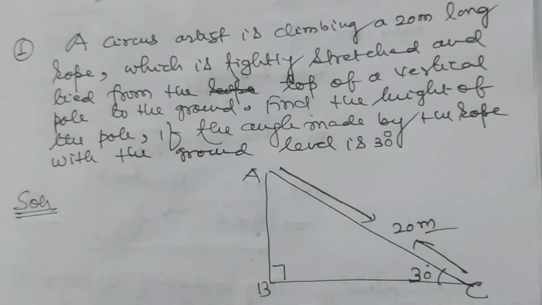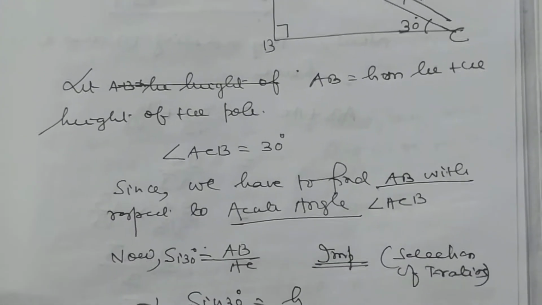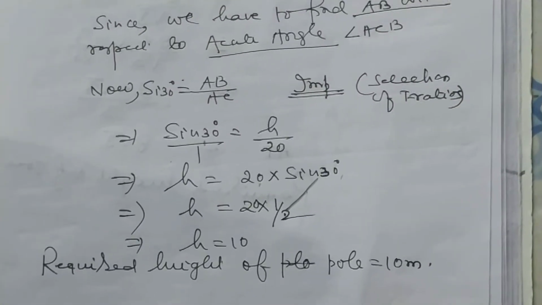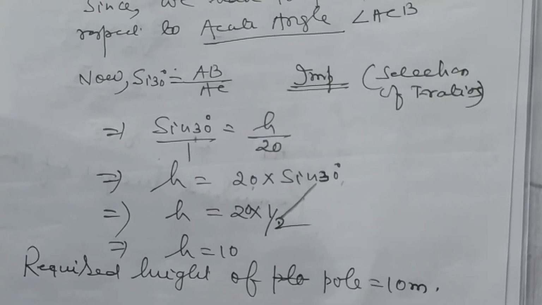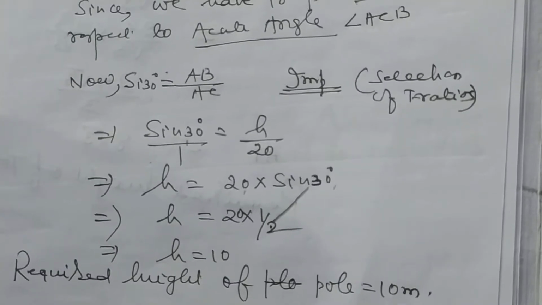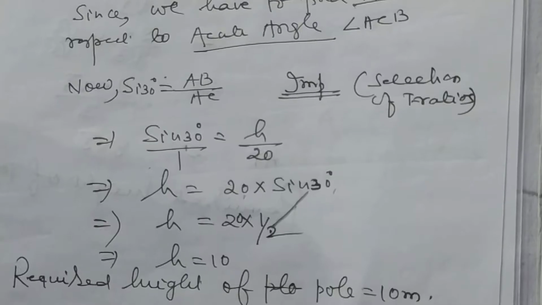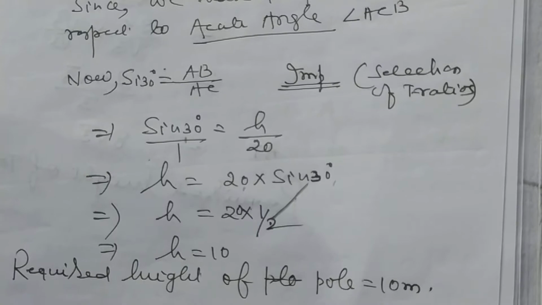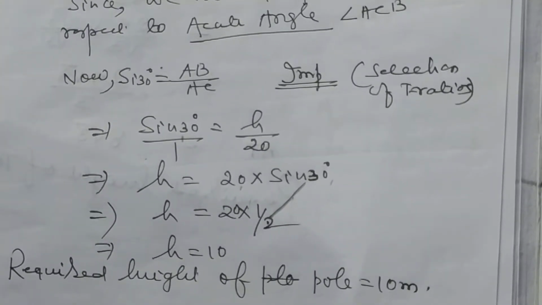So you must first draw a neat, clean, labeled diagram, and keep in your mind that the part which we have to determine must be taken in the numerator, and the part which is given must be taken in the denominator, and decide with respect to the acute angle which trigonometrical ratio you will take. This is the main point in my opinion.